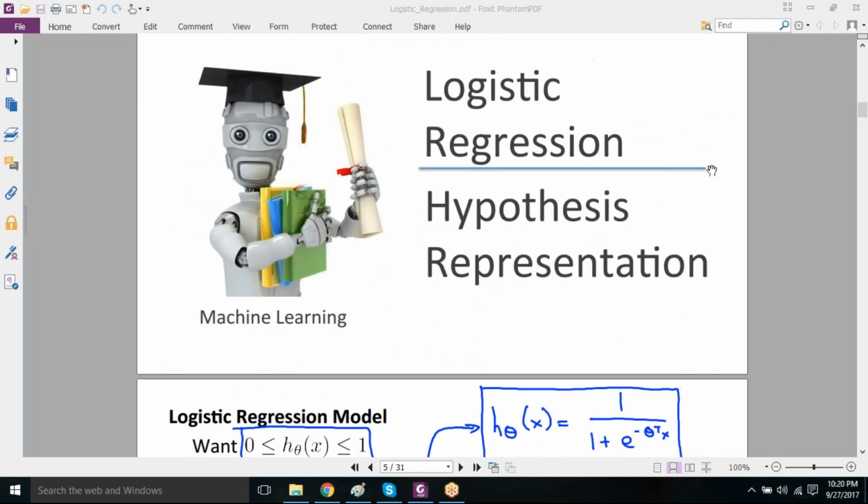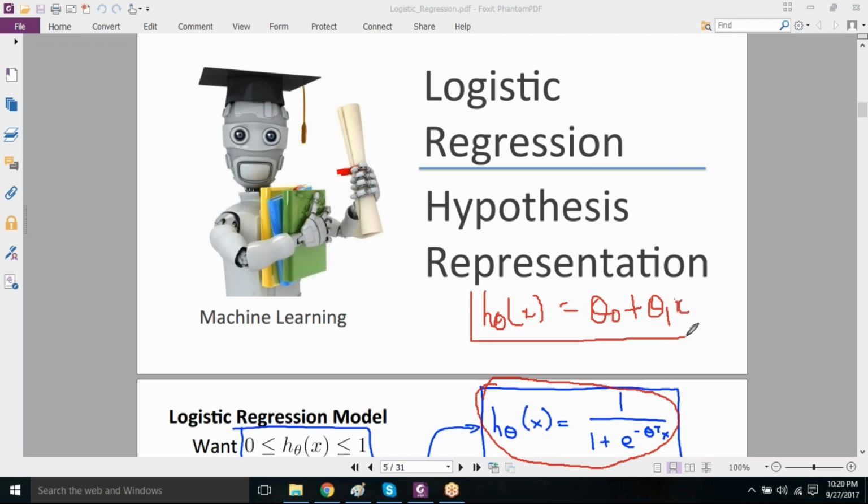If you remember the hypothesis, the same slide, if you see the linear regression slide, the hypothesis representation was something like this. This function you are seeing, na? This is for logistic regression. For linear regression, we would see something like this: theta 0 plus theta 1 x. So this we used to see.